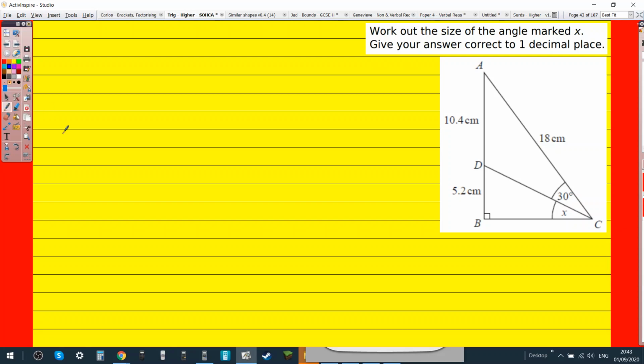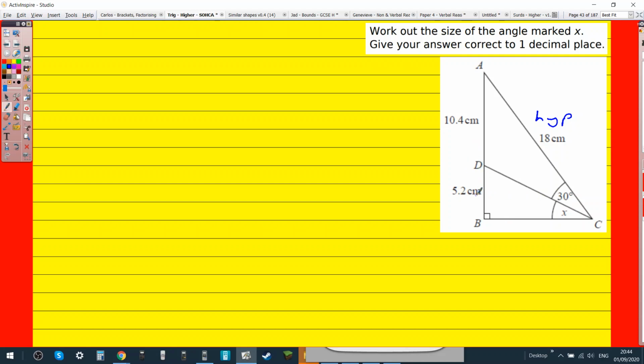So with this one, 18 is the hypotenuse. And 5.2 is the, no, the opposite.